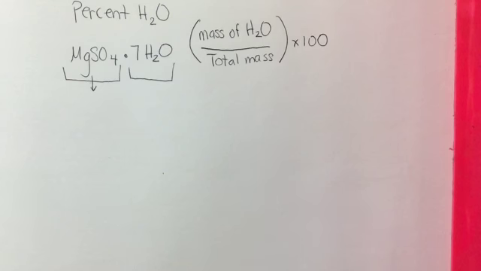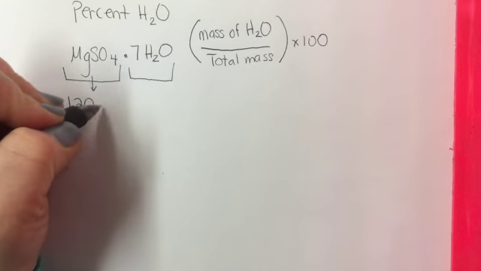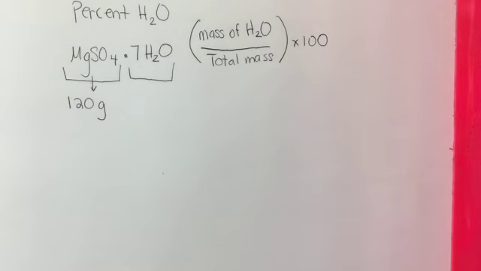I'm going to add up all the masses of all of my elements in there: magnesium plus sulfur plus 4 oxygens. The total mass there is going to be approximately 120 grams. Now, I am going to round to the nearest whole number.